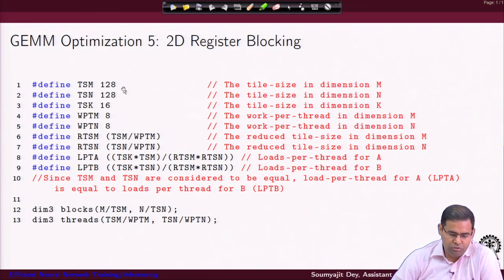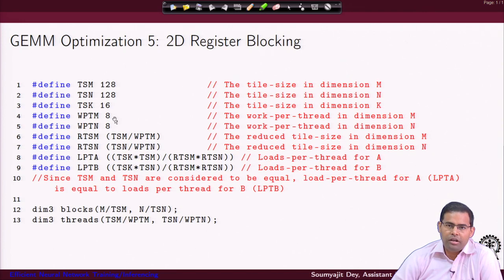So, we will just use our usual definitions. The tile size in dimension m, remember that we are multiplying m cross k and k cross n matrices here, right. Tile size in dimension n and then tile size in dimension k, this is what we set. And then if you remember, earlier we were defining work per thread while doing coarsening.